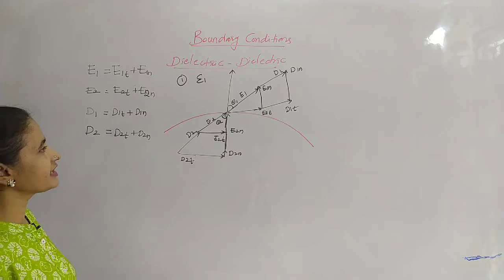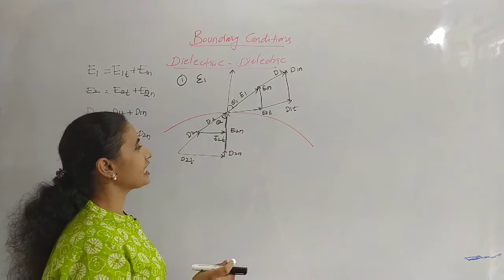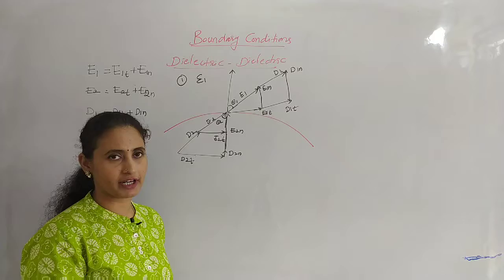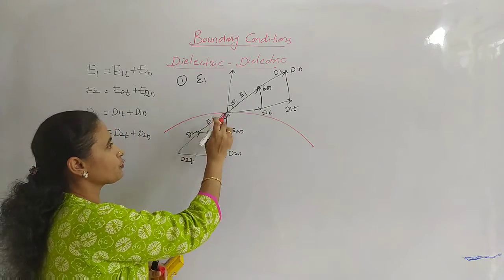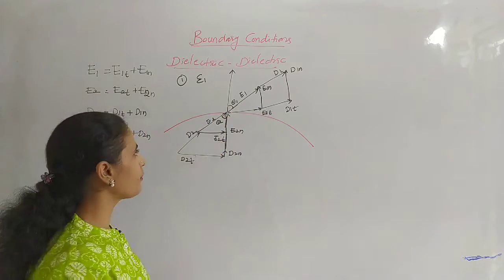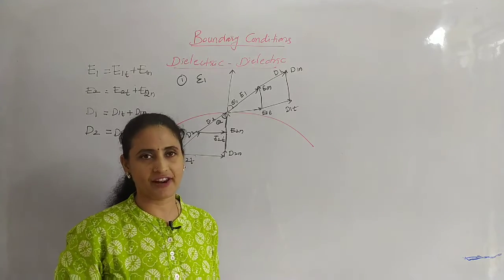Observe theta 1 and theta 2. Theta 1 is the angle between E1 and the normal to the boundary line, and theta 2 is the angle between E2 and the normal to the boundary line. So we are trying to obtain the law of refraction.